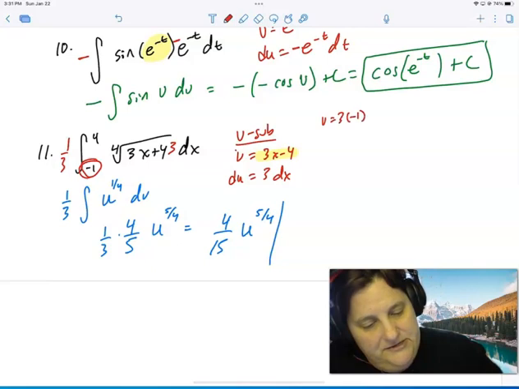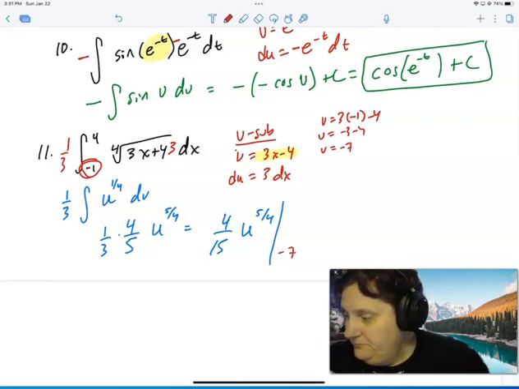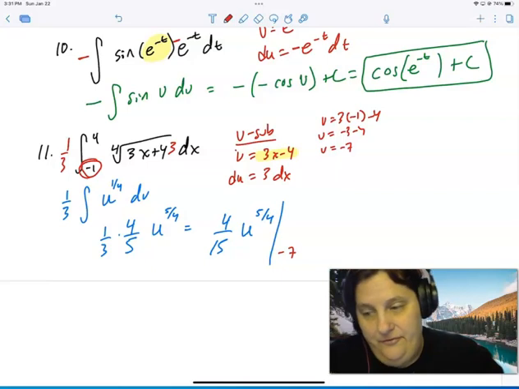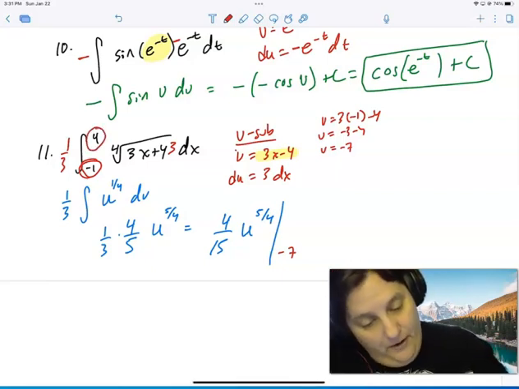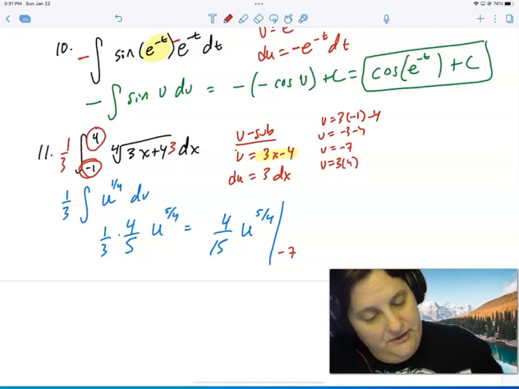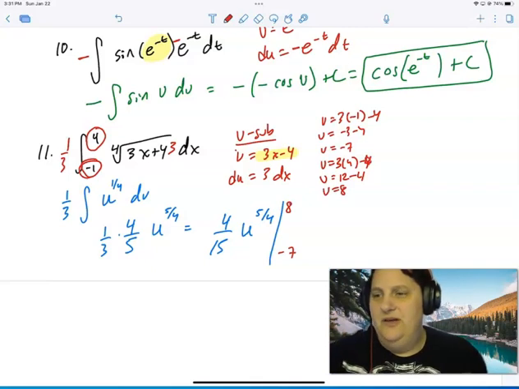Well, if x is -1, u is -3 minus 4, that's -7, okay? And if x is 4, u is 3 times 4 minus 4, which is 12 minus 4, which is 8, okay? So that's what I got for that.